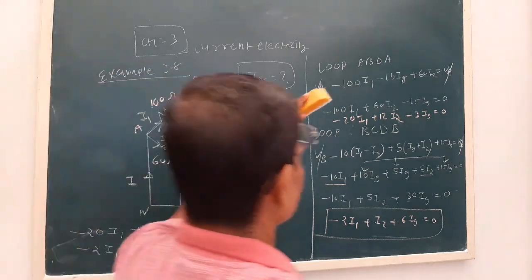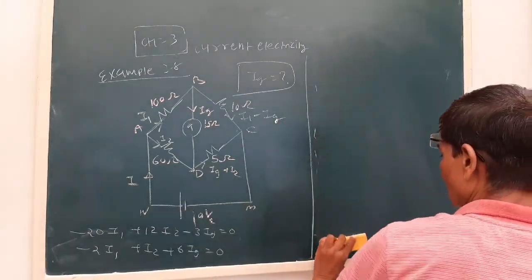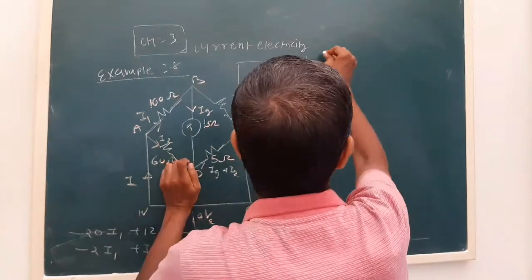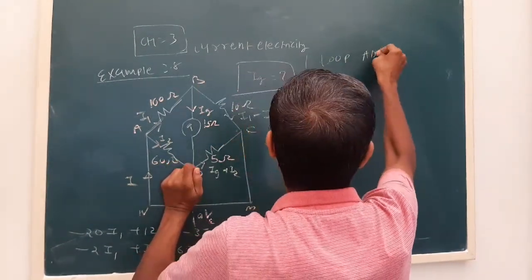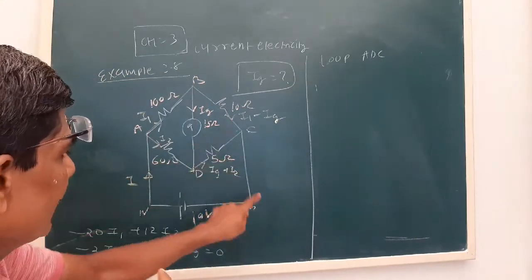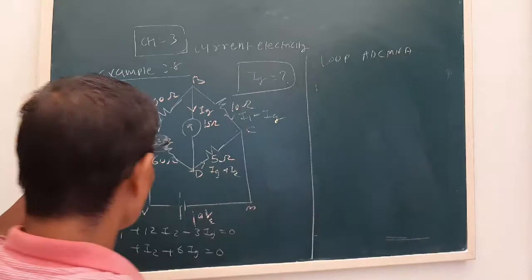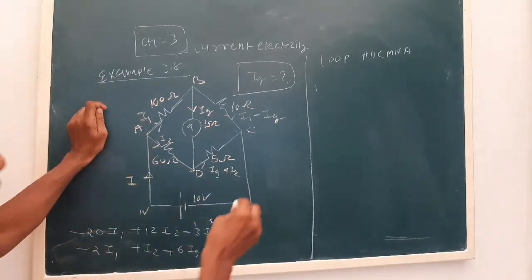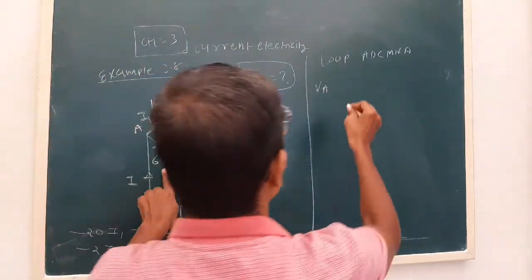Now we have got three unknowns, I1, I2 and Ig. So we should have a third equation also. So we take the loop ADCMA. Now see, the EMF of the cell is 10 volt. Starting from A, VA minus 60 I2.